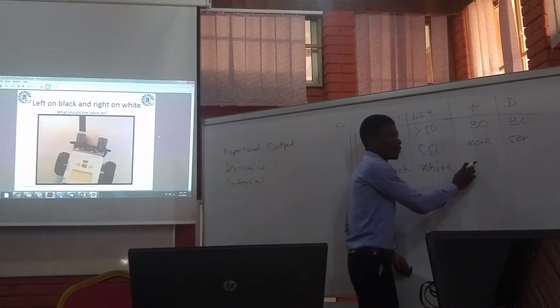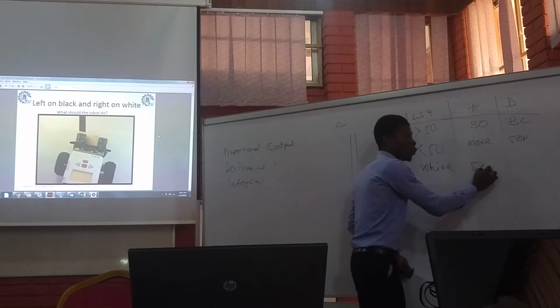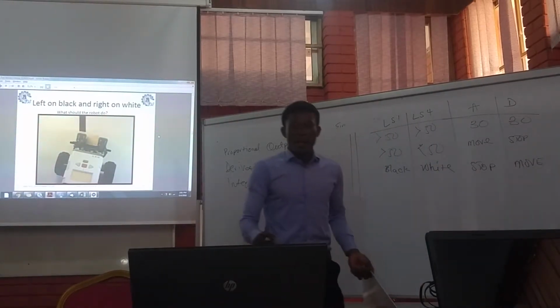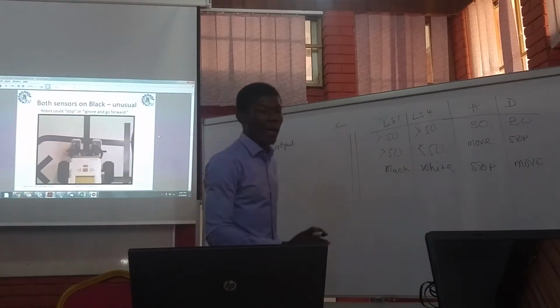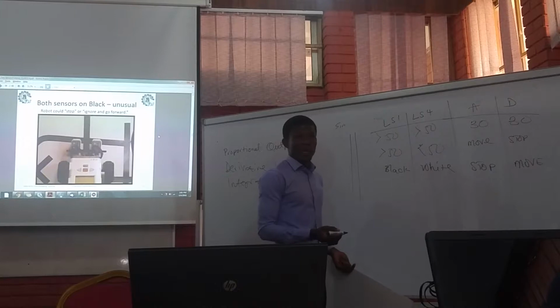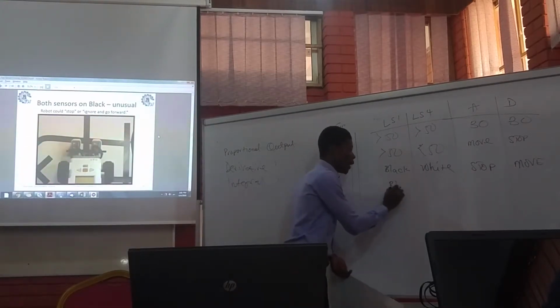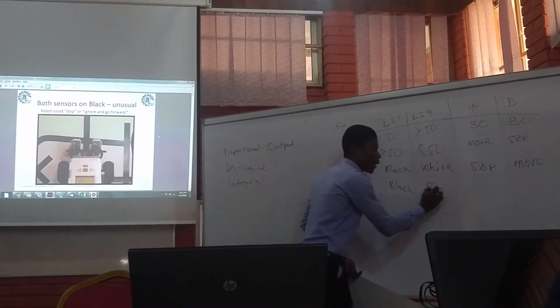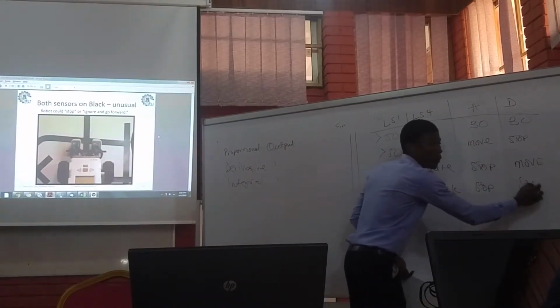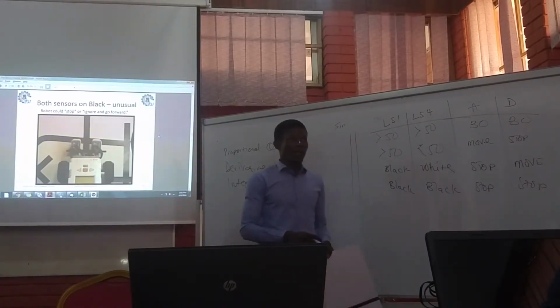A should stop and D should move. And then we could finally have a case where both of them are on the black. We decide on what action to take: black and black, so let's say stop and stop. Let's assume that's our finish line.